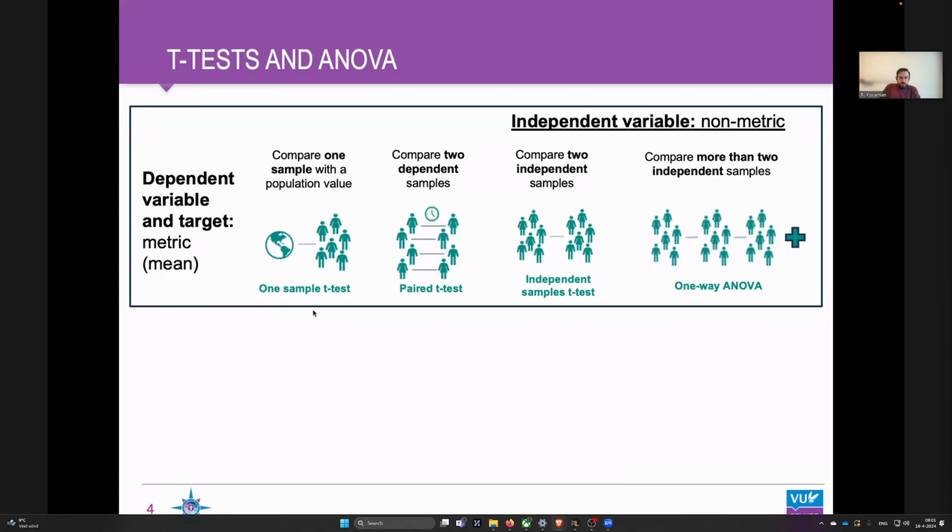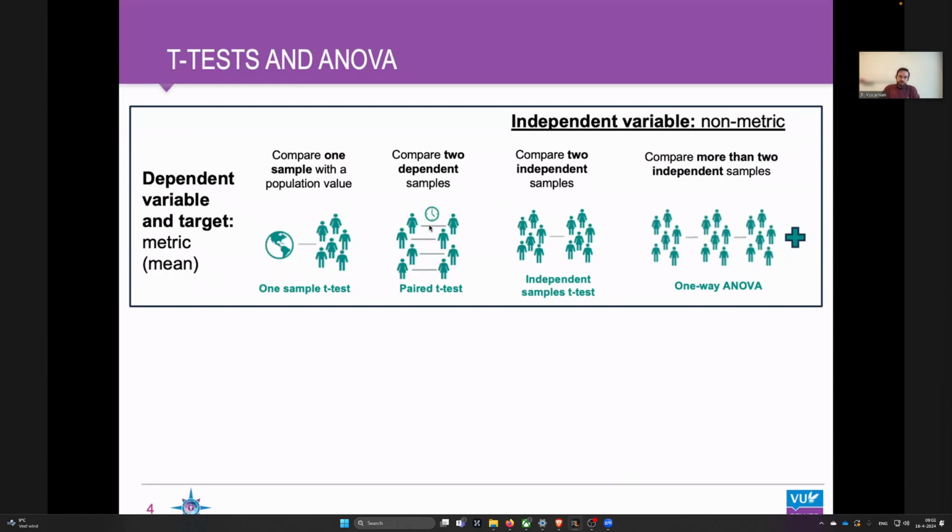Here we will look at, for instance, if we have just one sample and we hypothesize a mean based on theory or based on some practice, and we compare it with that, we will call that a one sample t-test.